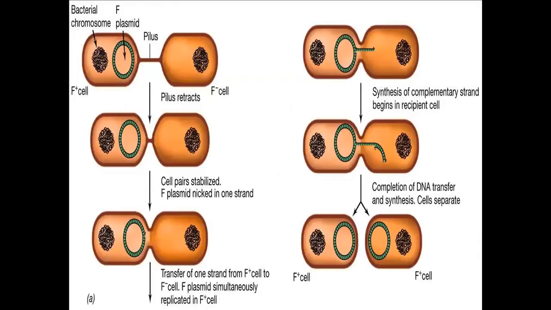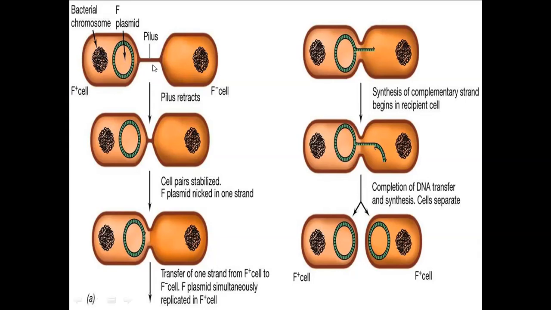So now in the picture you can see this is the bacterial strain, this is the bacterial chromosome, and this is the F plasmid. This is called an F plus cell, meaning the male, and this is the pilus, the sex pilus, because the F plasmid contains 25 genes responsible for sex pili formation.